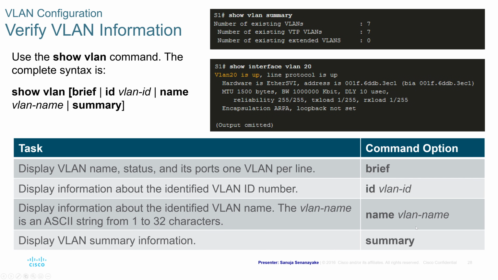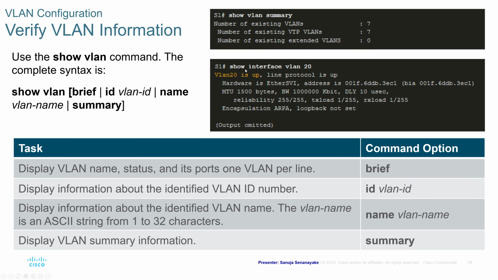Next, we're going to look at how you can verify the VLAN information. You can do this with the show vlan command and the associated syntax. Here, for example, we have show vlan summary, which will give you this information.